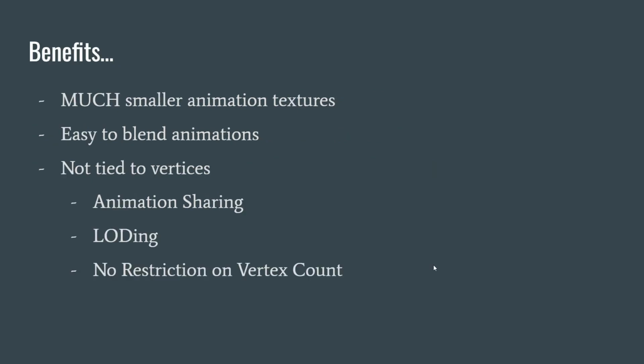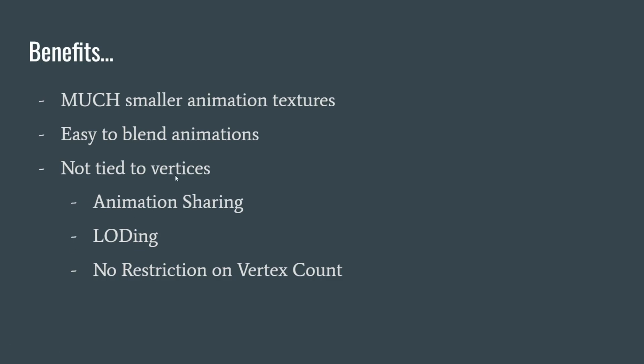So what does this mean? Well, as I explained, we'll have much, much smaller animation textures, so we'll be using a much smaller memory footprint on the GPU. This animation is very easy to blend because we can just cache the bone positions and then lerp to the current frame. But most importantly, this is no longer tied to our vertices.